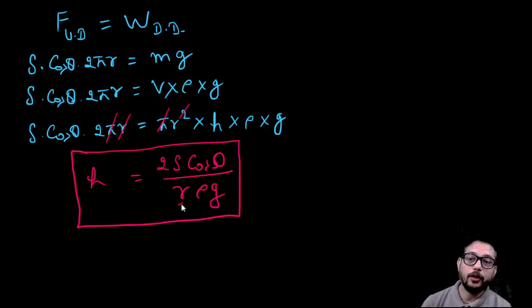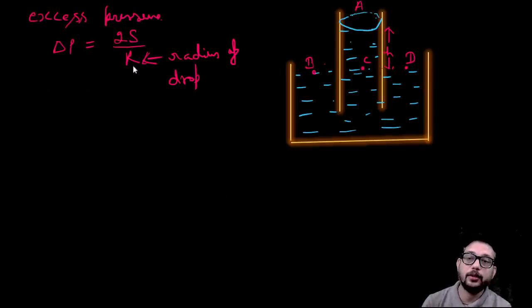Here this is small r, so small r is the radius of the capillary tube, but this is your capital R, which is the radius of the drop.